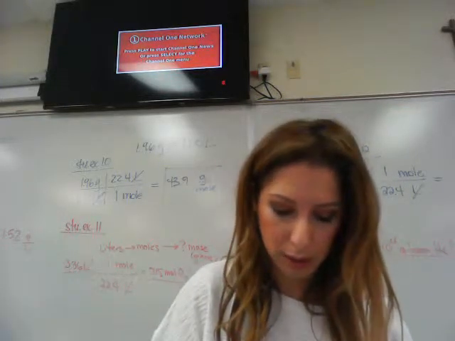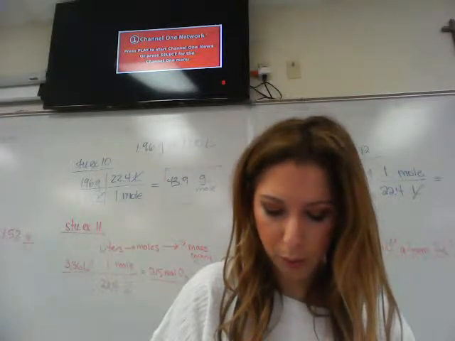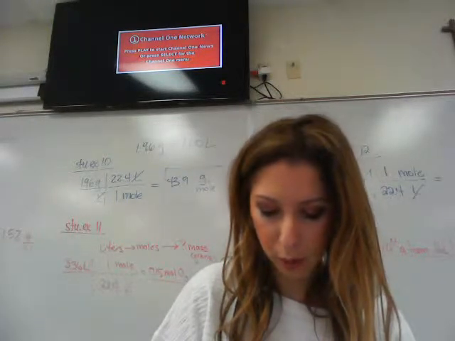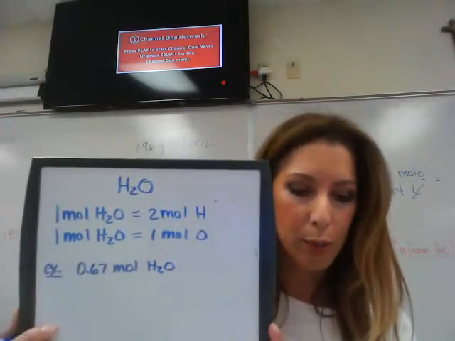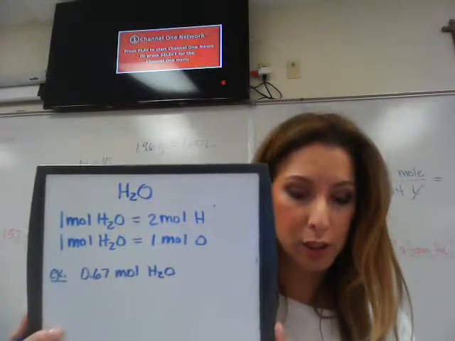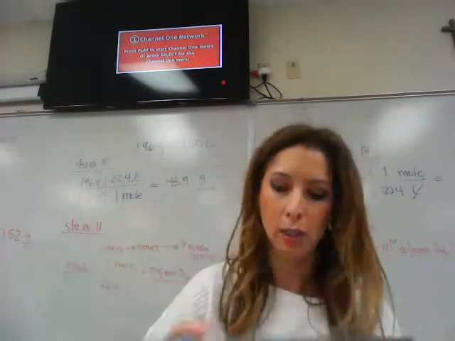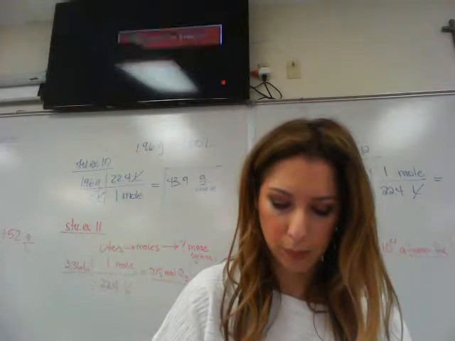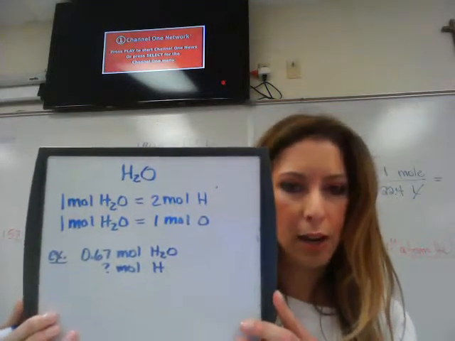Okay? So let's say I have 0.67 moles of H2O. And I want to know how many moles of hydrogen are in that many moles of water. Okay, so I'm going to set this up to cancel out the units.